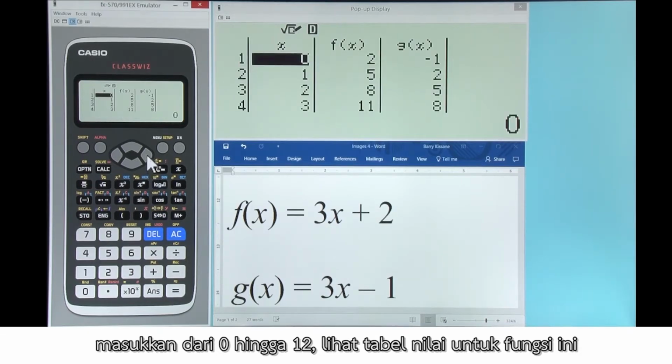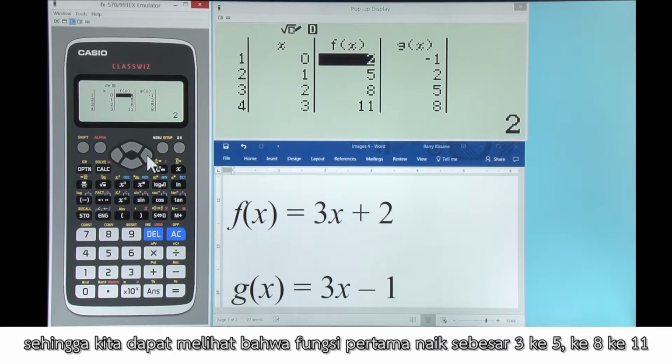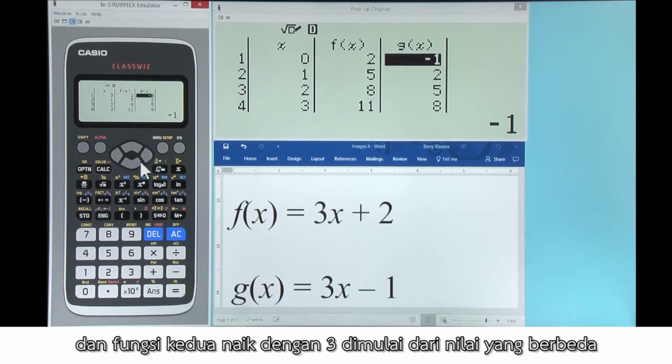And here's the table of values for this function. So we can see that the first function is going up by 3, 2, 5, 8, 11, and the second function is going up by 3, starting at a different value.